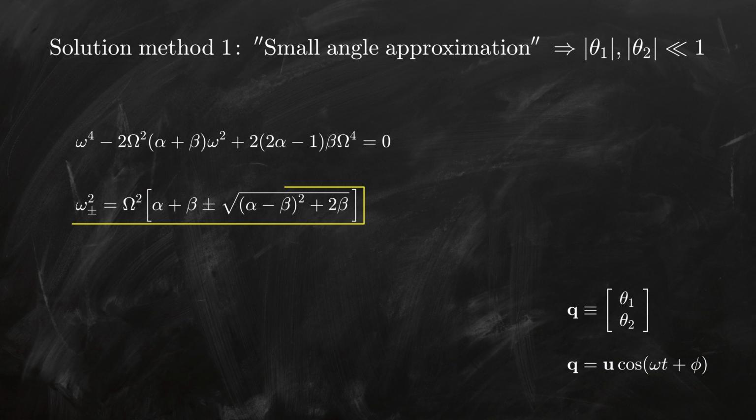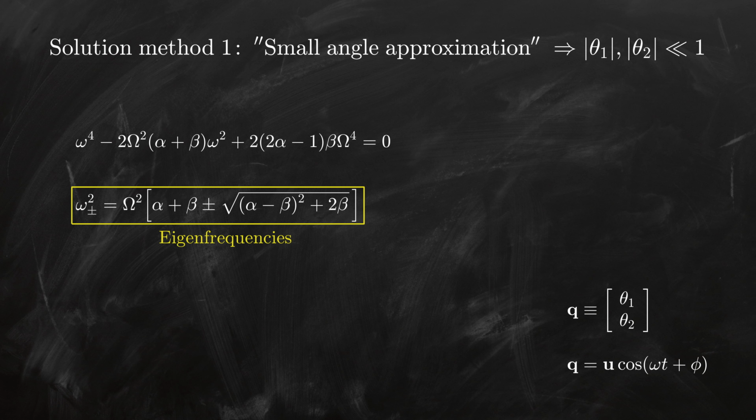We arrive at two possible values for omega squared. I've labeled them with plus and minus subscripts to remind us of which sign is used before the radical. Since each omega corresponds to a particular eigenvalue of the C matrix, they are often called eigenfrequencies of the system.